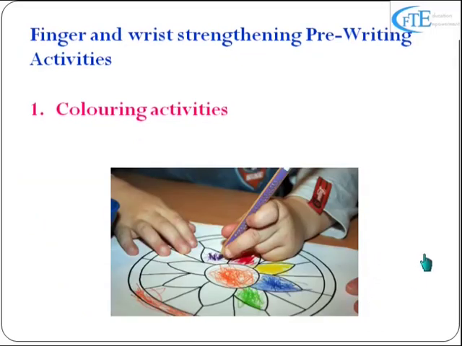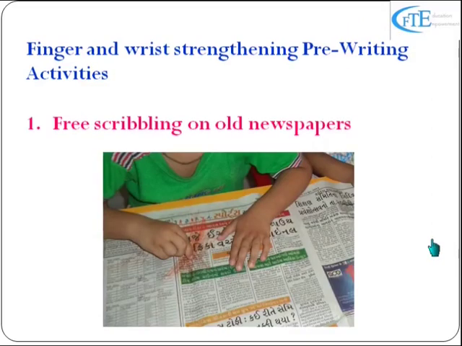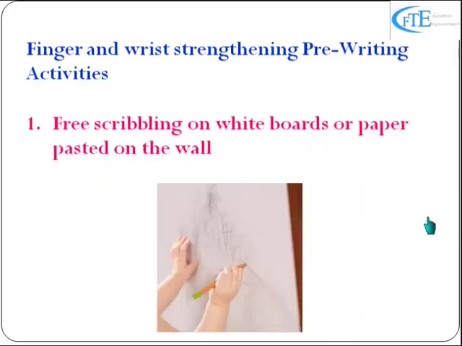Here you have coloring activities where the child has to color within given shapes. Scribbling on old newspapers is again a very good activity to strengthen finger gripping skills. Free scribbling on whiteboards or paper pasted on the wall.